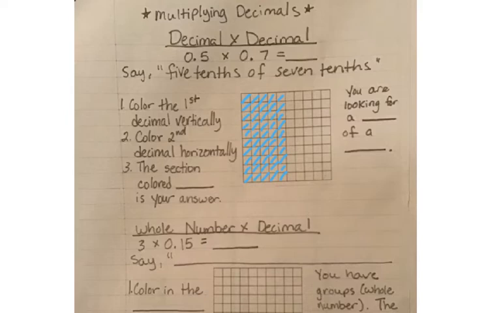All right, so now I'm doing 7/10 horizontally. So here's 1/10, 2/10, 3/10, 5/10, 6/10.